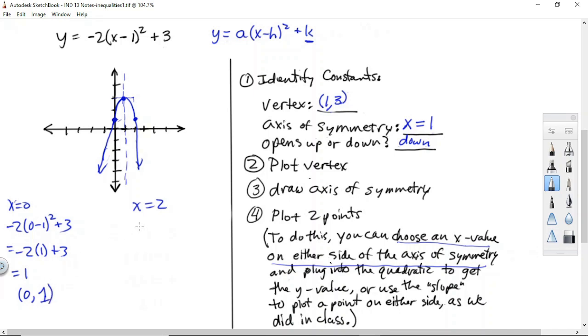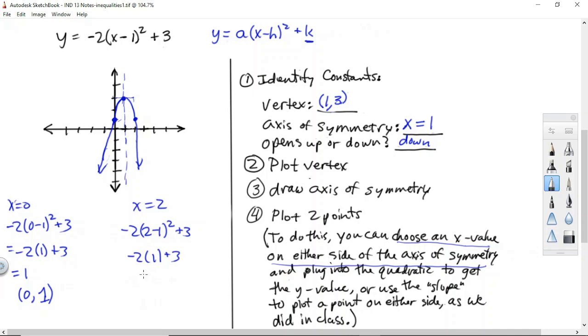And we'll use 2. We plug that in, and that is 2 minus 1 squared plus 3. And that's -2 times 1 plus 3.